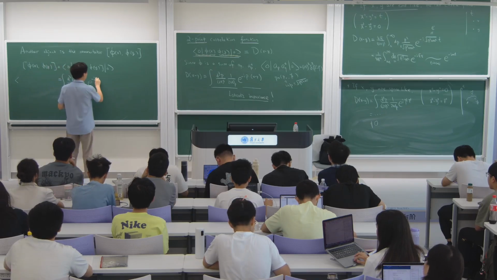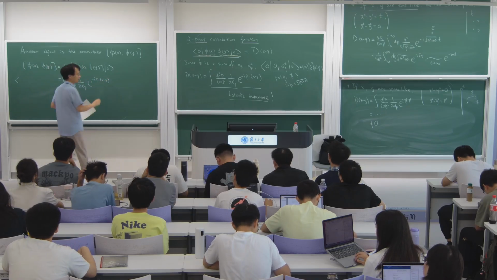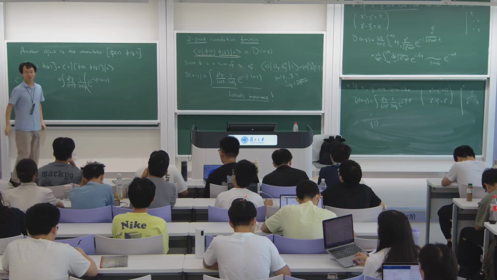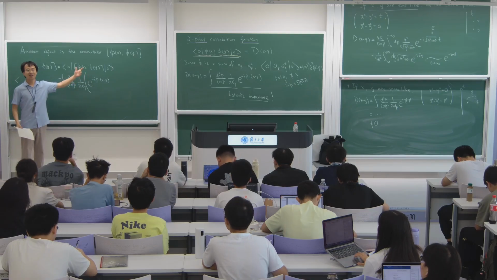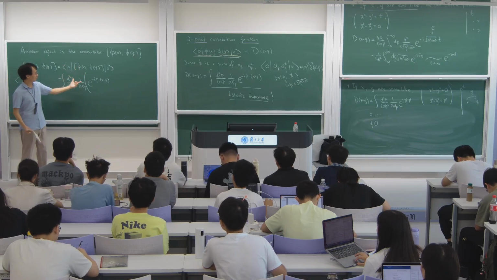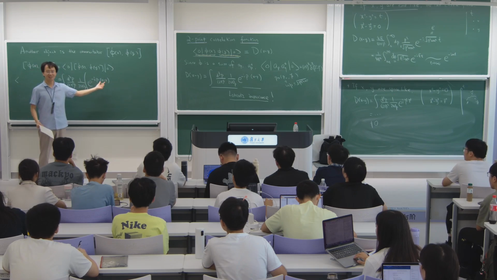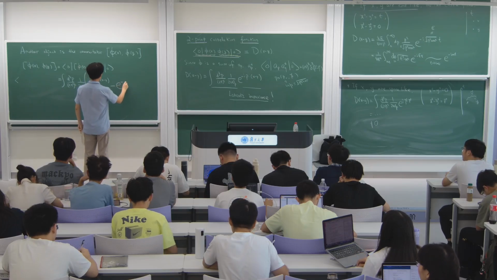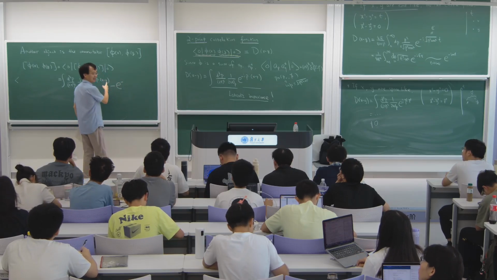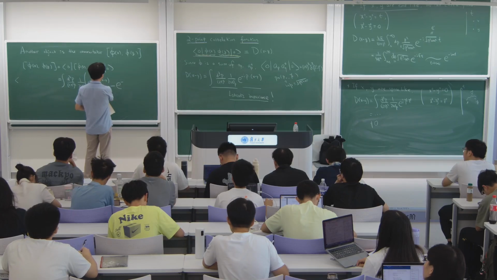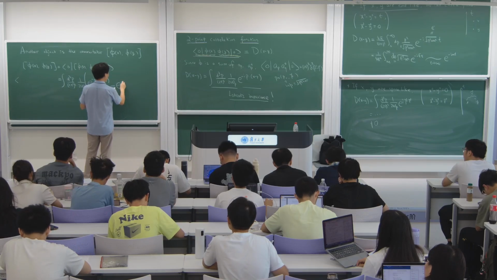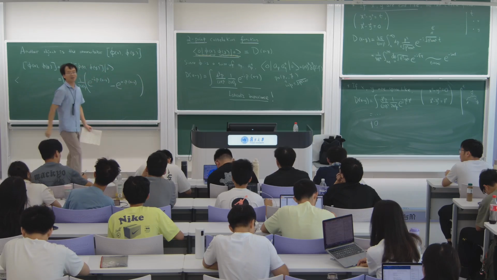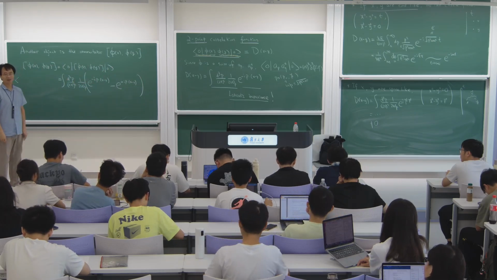The first term is e to the minus i p times x minus y. What about the second term? There should be a second term because we have 2 terms in this commutator. The second term compared with the first term just switches x and y, and with the minus sign, right? So the second term is e to the minus i p times y minus x. So I insist on x minus y, then the sign flips. So here I have to get plus i p dot x minus y. Clear? Is that right?